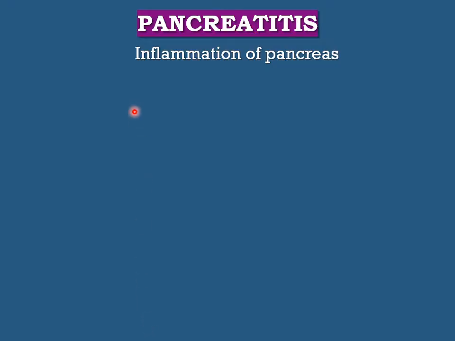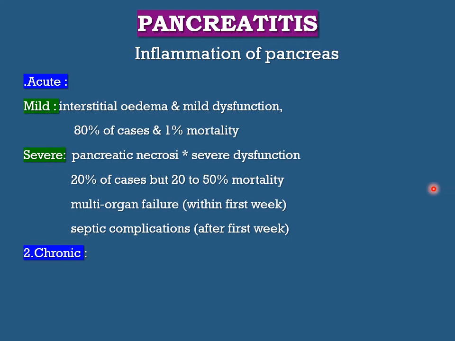Now we come to pancreatitis, which is inflammation of the pancreas. There are two types of inflammation, acute and chronic. In acute inflammation, again, it can be mild or severe. The mild form constitutes about 80% of cases, with a mortality of about 1%. There is interstitial edema and mild dysfunction, so the inflammatory changes are mild.